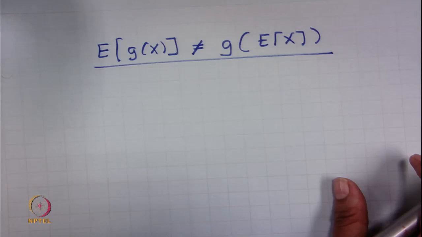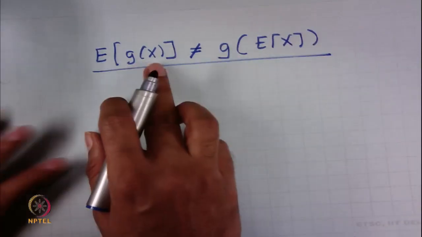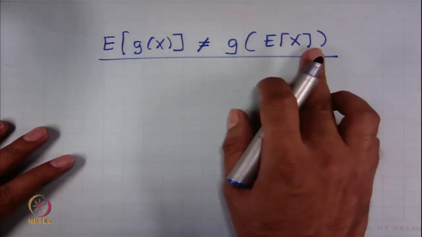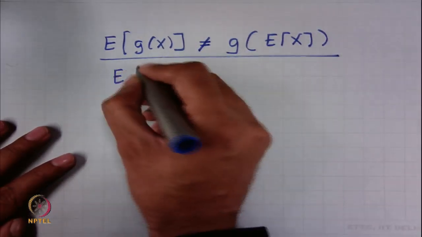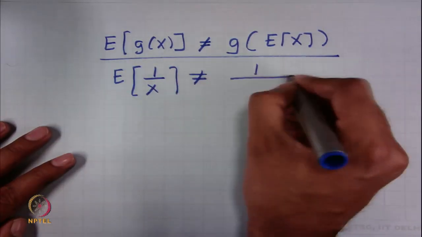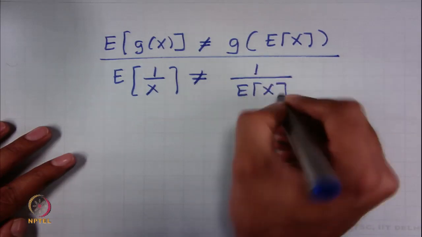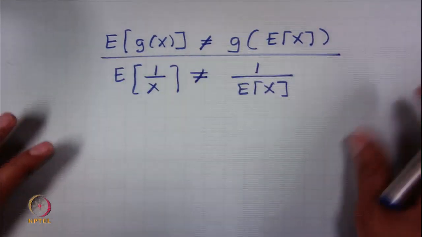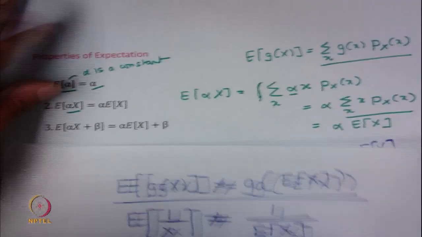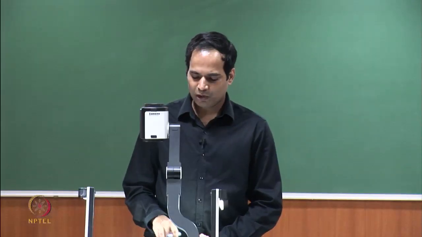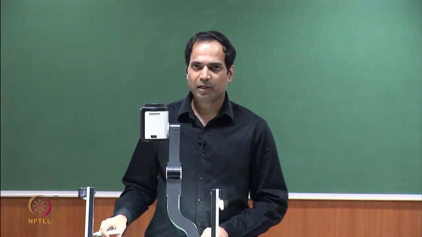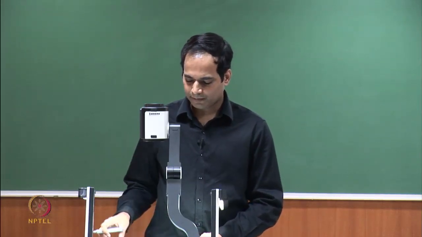So, the expected value of a function of x is not the same as the function of the expected value of x. For example, you work this out: the expected value of 1 by x is not the same as 1 upon the expected value of x. So, do not get carried away with these properties. You have to be a bit careful. I would advise you to start with the definition, have sufficient practice, and then it will be clear to you when you can use them.